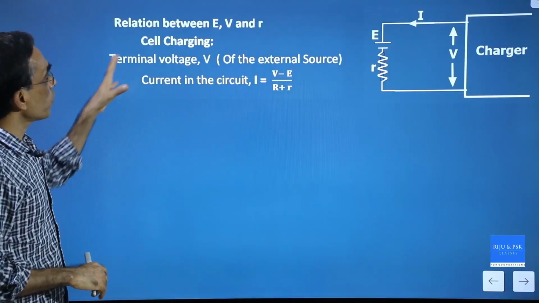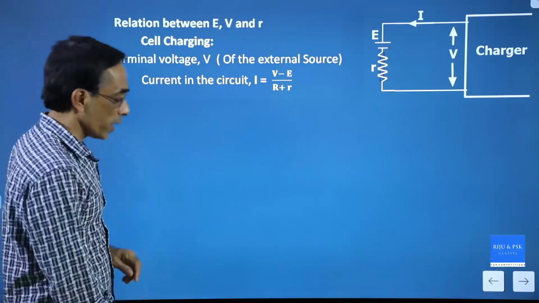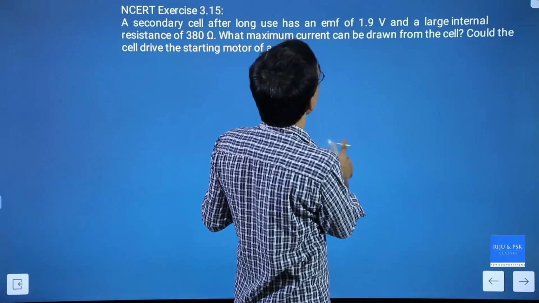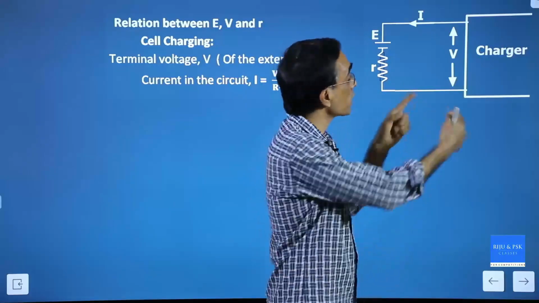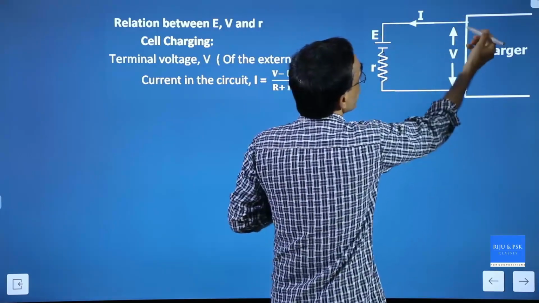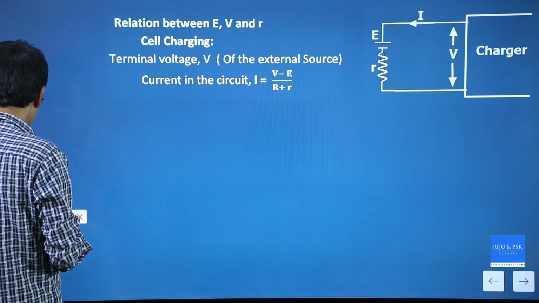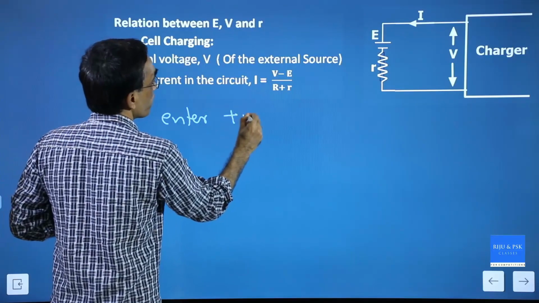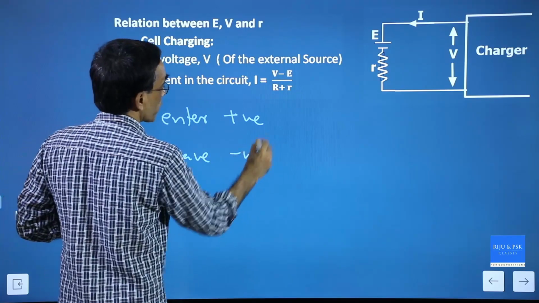Now, one more point. When a cell is charging, what actually happens? You have a cell to be charged. You use a charger, and the charger will produce a current. See the direction of the current. During charging, the current will enter the positive terminal and leave the negative terminal.